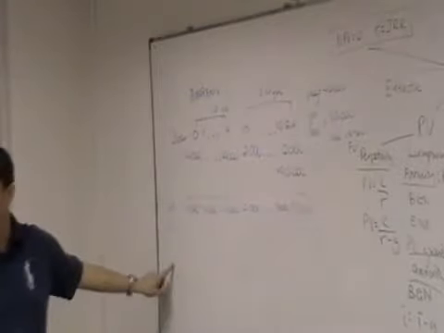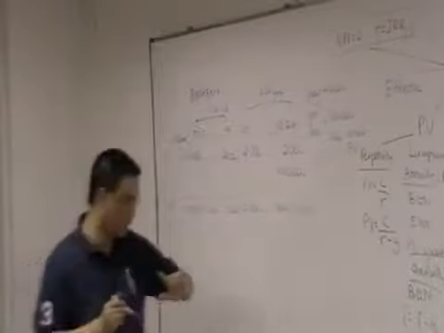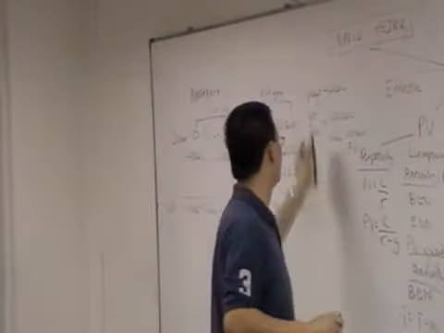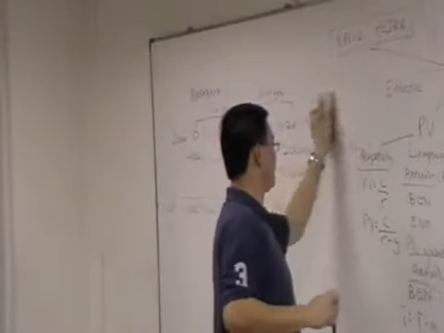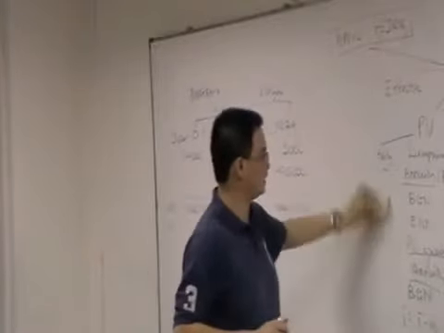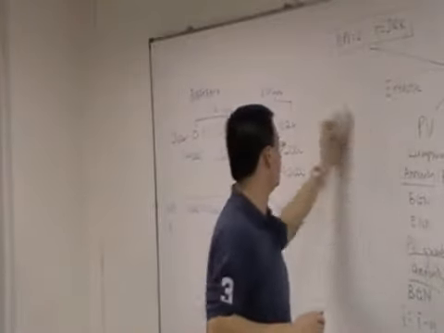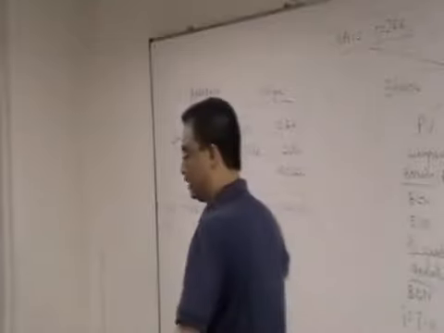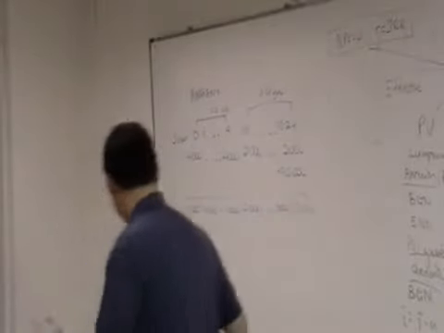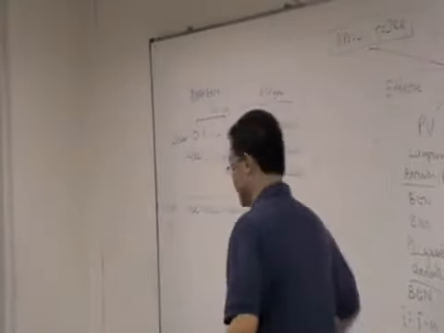Can you follow so far? Now, in your financial calculator, how are you going to key this in? I start with HP first. For Casio, you have to key in one by one. For Texas Instruments, you have a frequency.